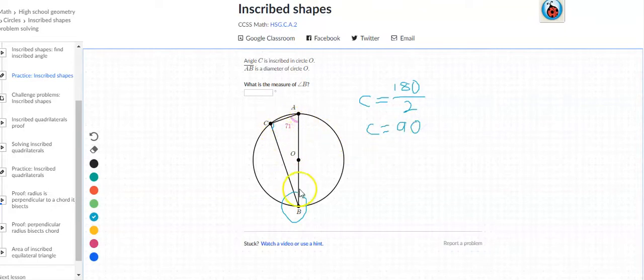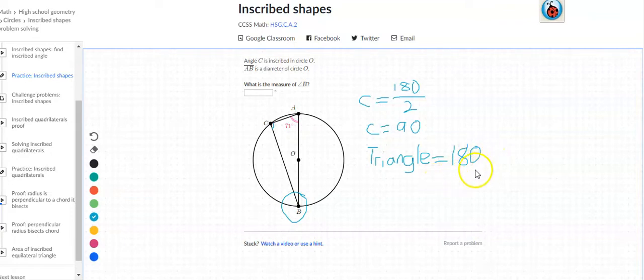And then the triangle adds up to 180 degrees also. So triangle equals 180.